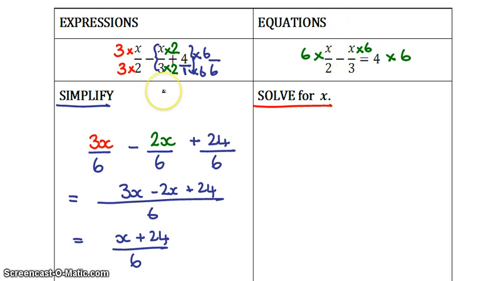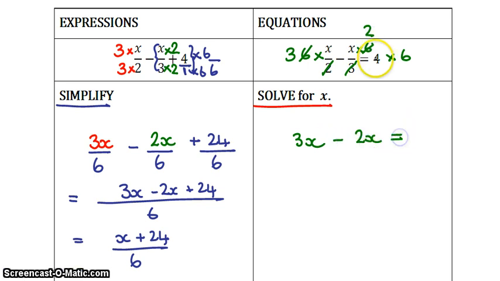So notice the very important difference. In this case, 2 goes into 6 3 times, so I get 3x. 3 goes into 6 twice, so I get minus 2x, equals 4 times 6 is 24. So notice I have exactly the same things, 3x, 2x, and 24, but the denominators magically disappeared, only because I've multiplied both sides of an equation by it.